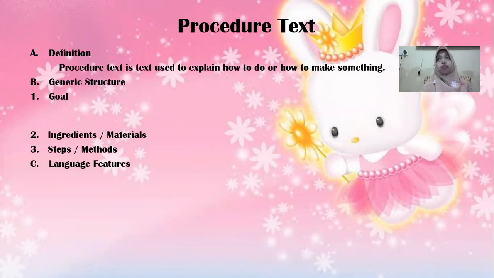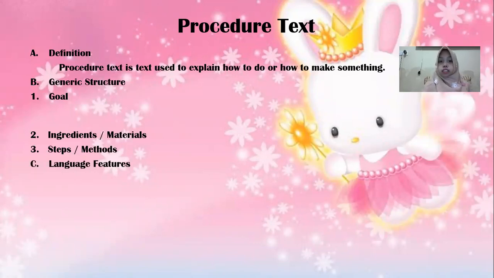Maybe how to make a coffee or how to make a chicken roast or so on. And besides that, procedure text explains how to instruct about something, maybe how to operate a handphone.